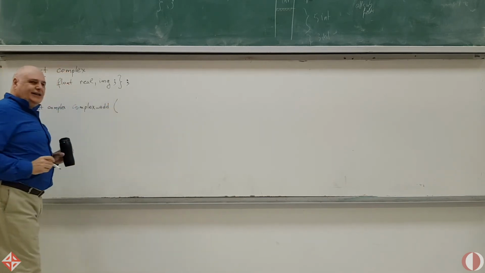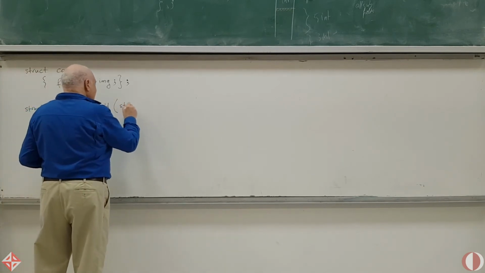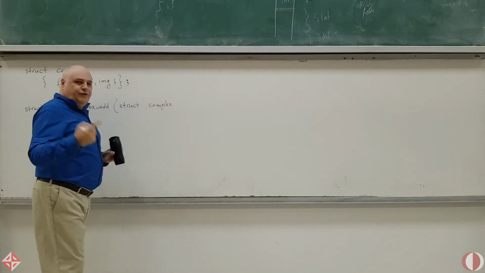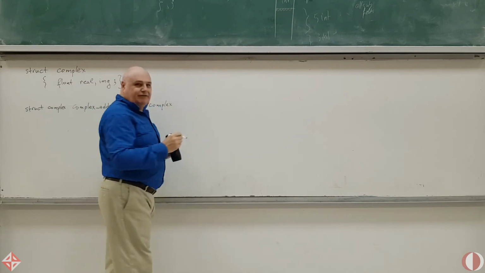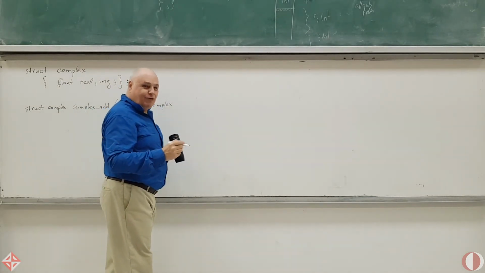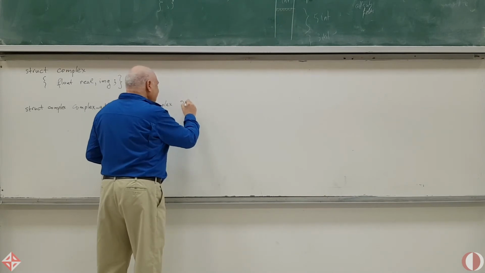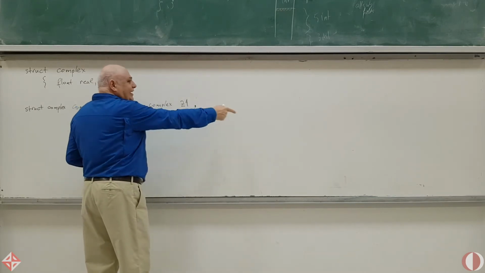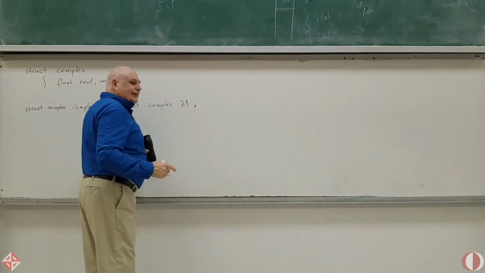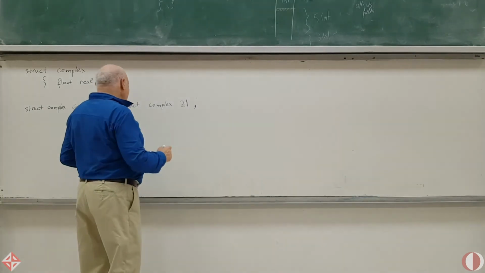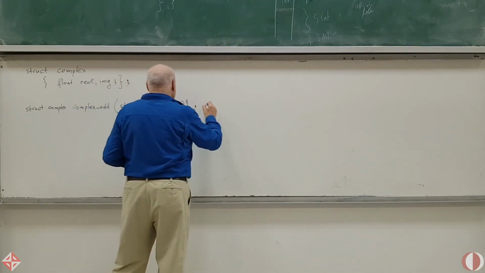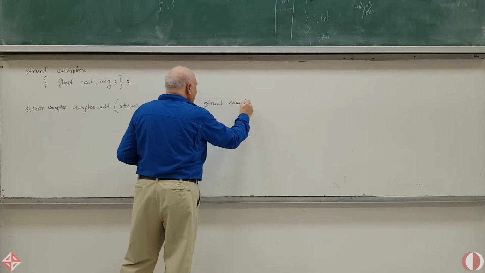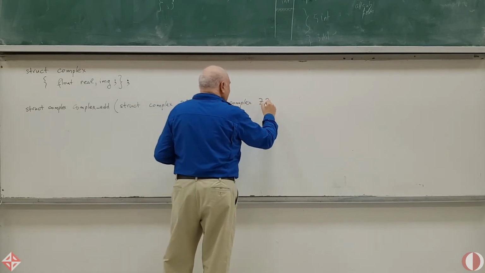Then struct complex, first number, let's give it a name, Z1. And for the second number, in the arguments I cannot just continue with the identifiers. I have to put the type as well, so once more, structure complex Z2.